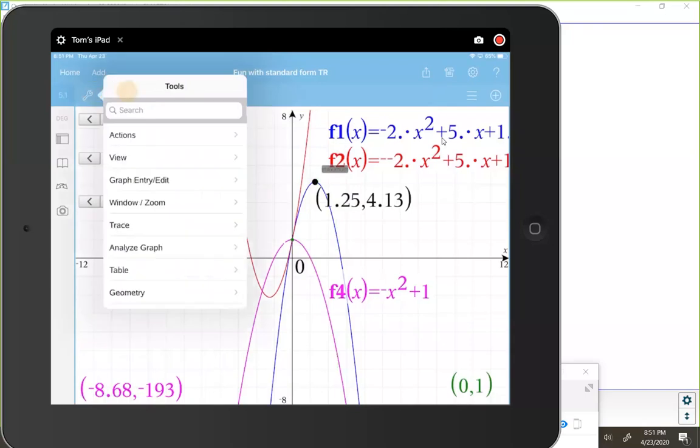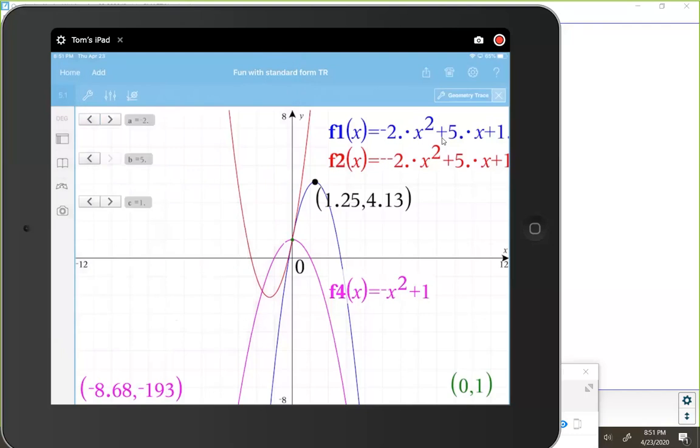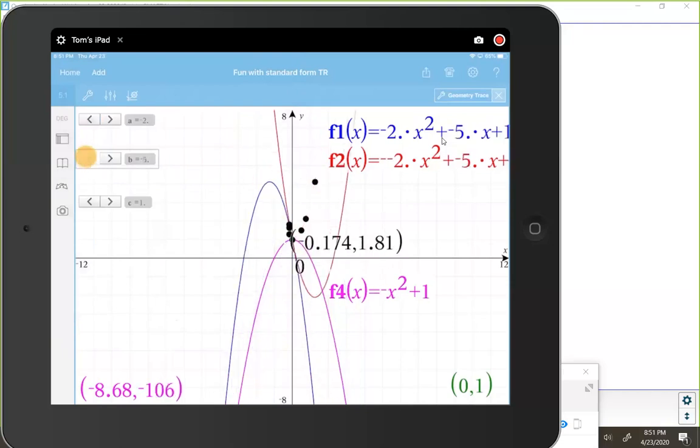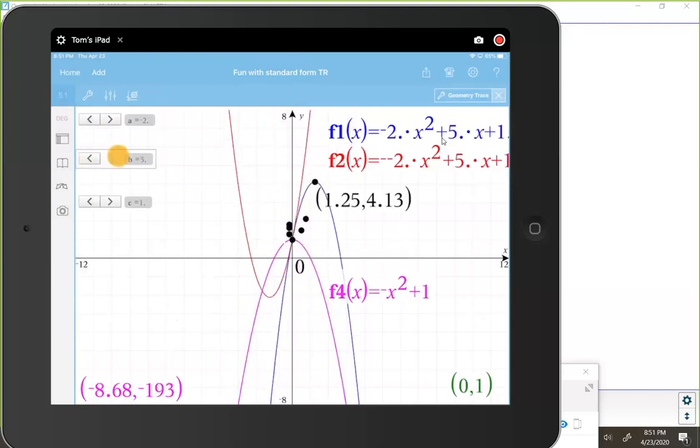That'll work. Trace, geometry. All right, so now let's try this point right here. Ooh. Did something happen? I think I didn't hit the vertex. No, you hit the vertex, but you use the find maximum, and you have to put a point on there.